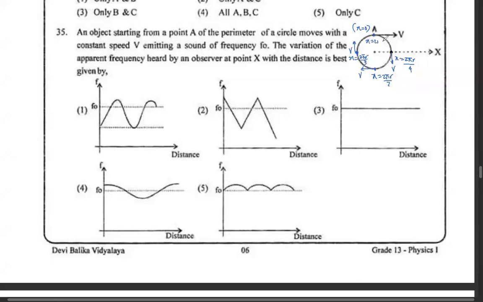People, at this point, what is the frequency heard by the observer? There's no Doppler effect here because the direction is like this. Therefore, at this point and this point, the observer will be hearing the same frequency as the source.